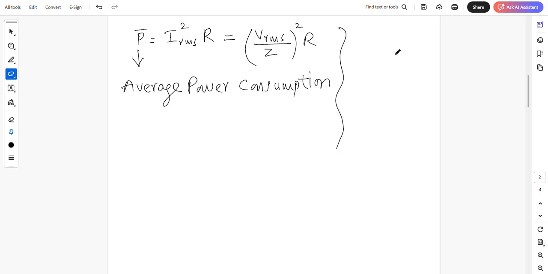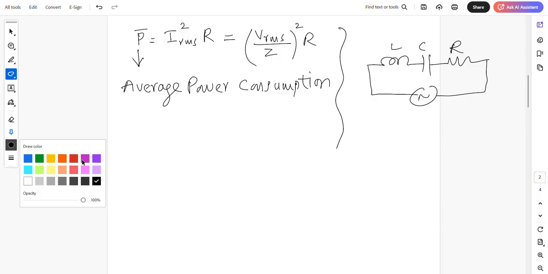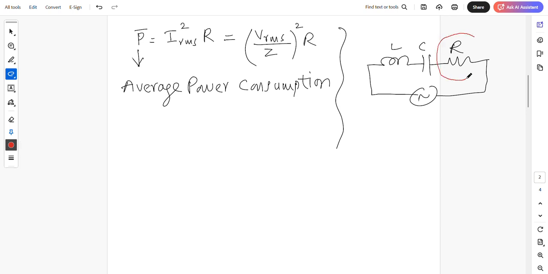Remember, whenever you have an LCR circuit, the power consumption is due to only R, not because of L and C. We have seen in the previous video that the average power consumed by a pure inductor is equal to 0, and the average power consumed by a pure capacitor is also 0.